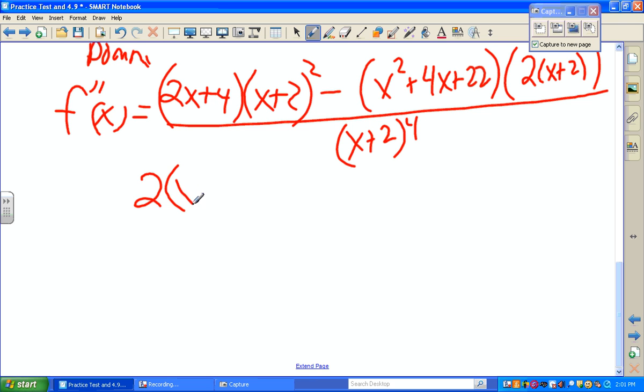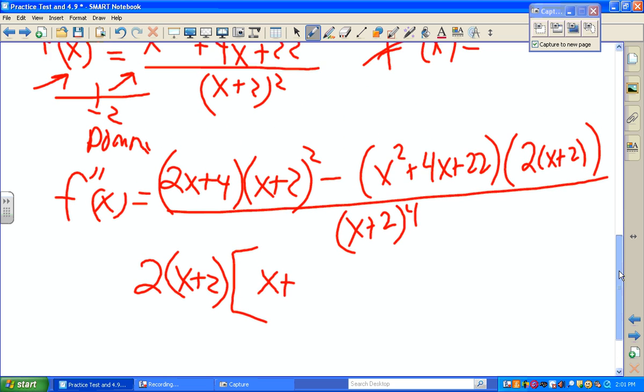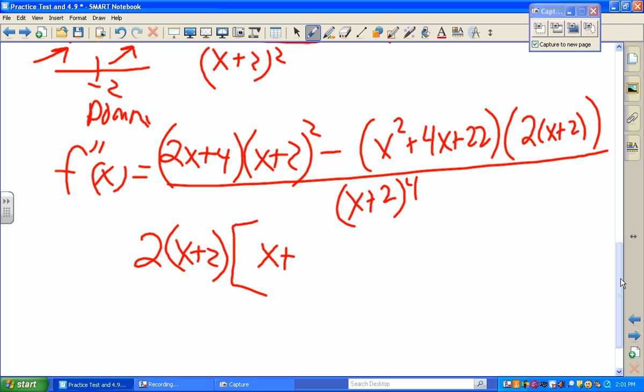I can factor an x plus 2 out of both. So I'm factoring out a 2 and an x plus 2.